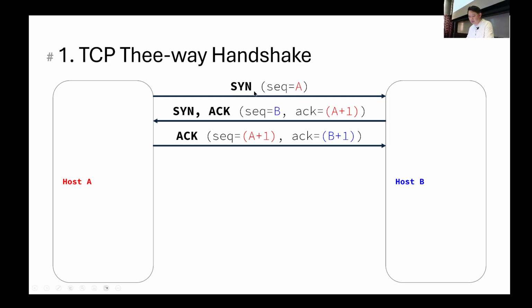This packet will set the SYN flag and sequence number A. The host B replies with A plus one as the acknowledgment number and another random sequence number. Then B sends to host A the ACK; conversely, the sequence number and the acknowledgment number will be increased by one, right? And the sequence number is the same as the ACK number of host B.